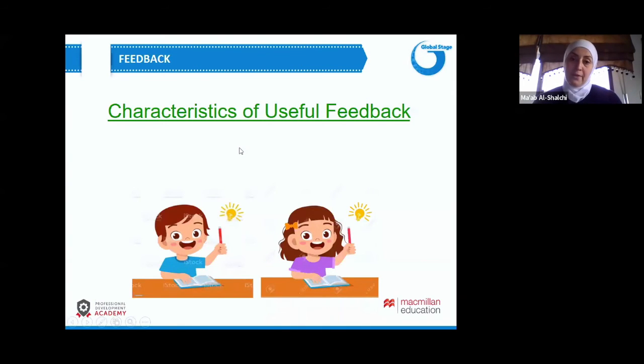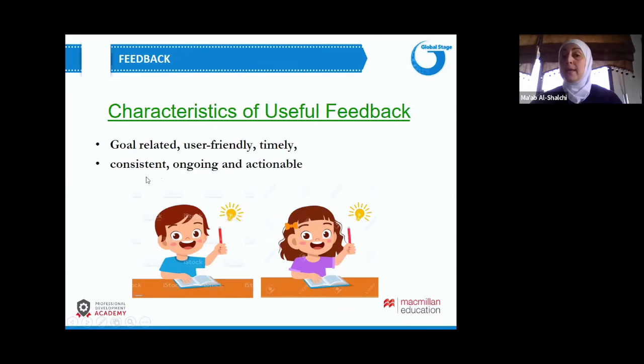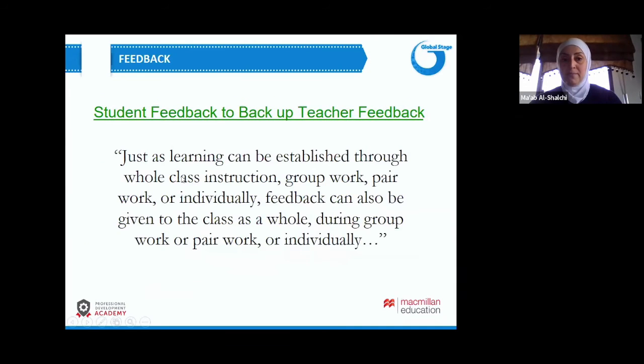So those were the characteristics of useful feedback to improve learning. And so again: goal related, user friendly, timely, consistent, ongoing, and actionable.